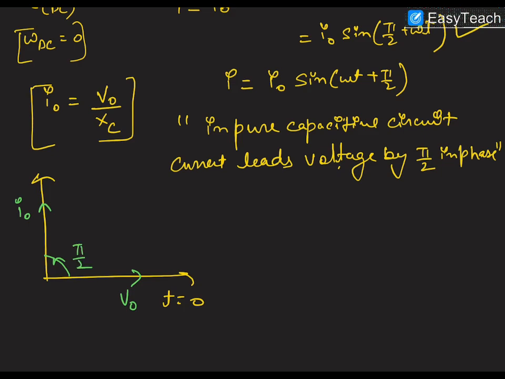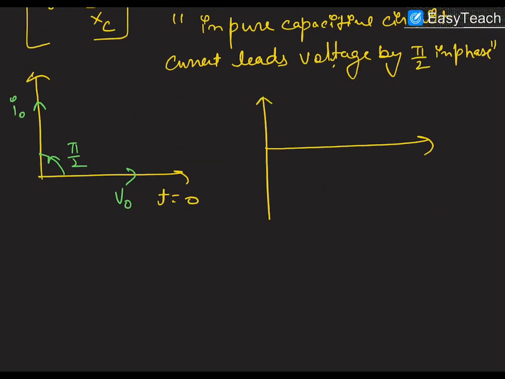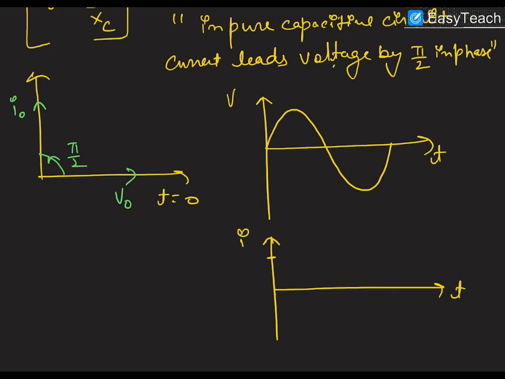And also if we draw the diagram of the current wave and voltage wave, we can draw that voltage was a sine function and the current is a cos function.